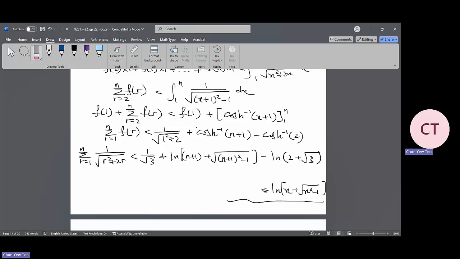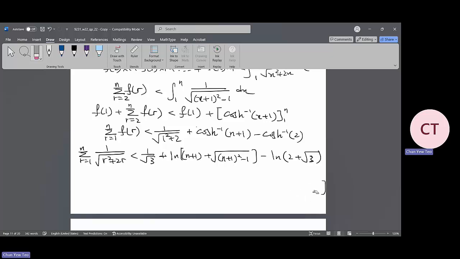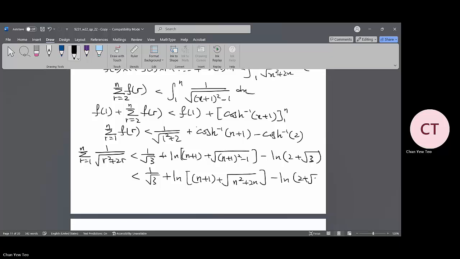Okay, so now simplify it. We still have one more step. Complete the whole thing. So you will get this one as ln of n plus 1 plus the square root of n squared plus 2n, minus ln of 2 plus root 3.